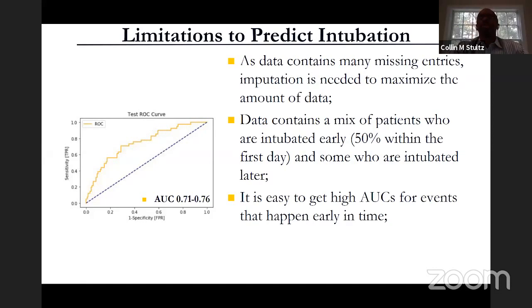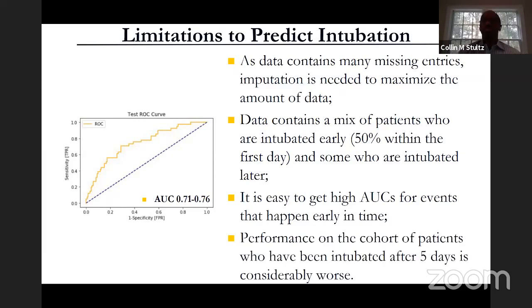For example, if a patient came in and their heart rate was 20 and their systolic blood pressure was 70, you really don't need a complex algorithm to say that that person is going to die at some point in the near future. For that cohort, you could get very high discriminative ability and very high AUCs.